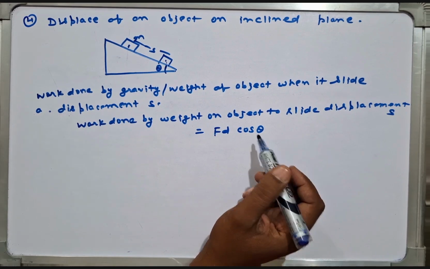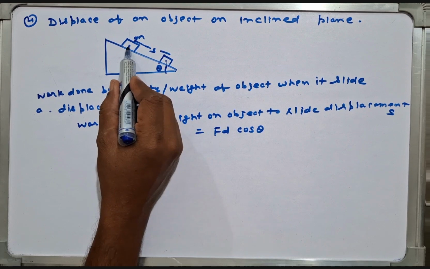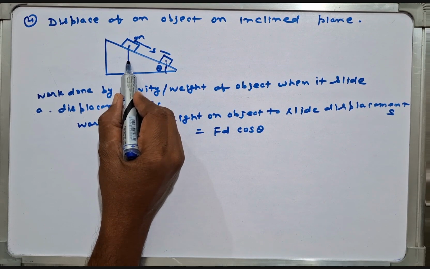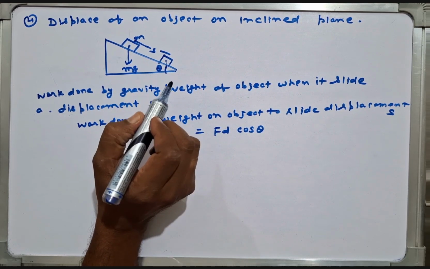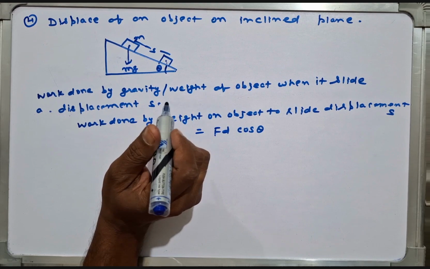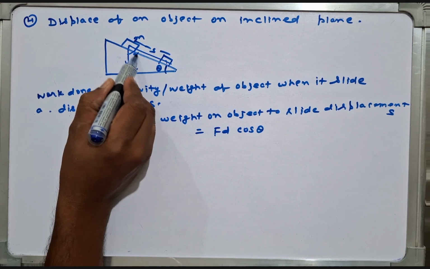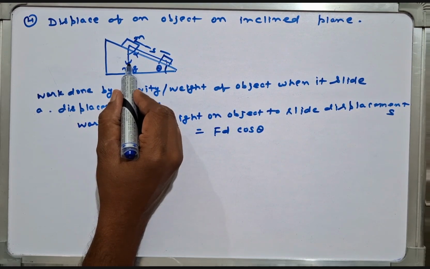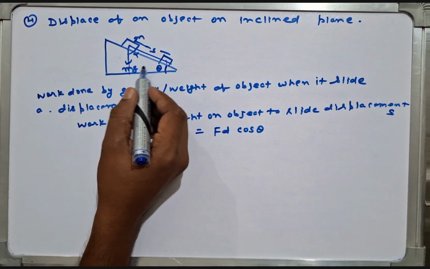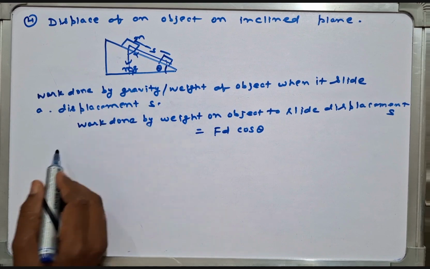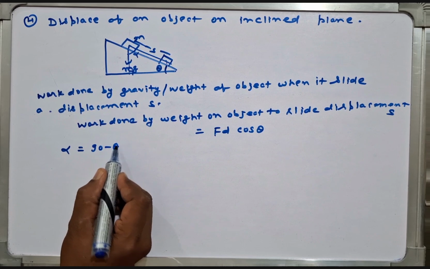Okay, so guys, here see the weight of the object is in the downward direction, which is mg. Okay, now what will be the angle? If we say this angle is alpha, and this one is again 90 degrees, then alpha equals 90 minus theta.